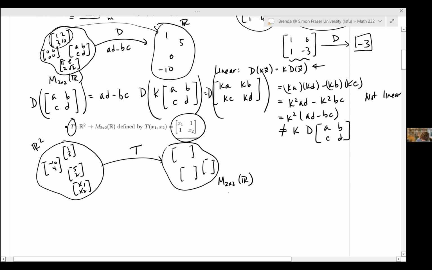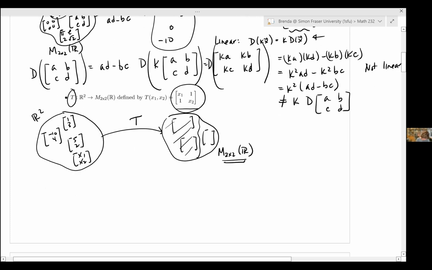But the codomain is all of them, and some portion of them will be reached via this transformation. So this is a restatement of the transformation. X1, X2, an input in R2, we apply T, and we get out the matrix with x1, 1, 1, x2.